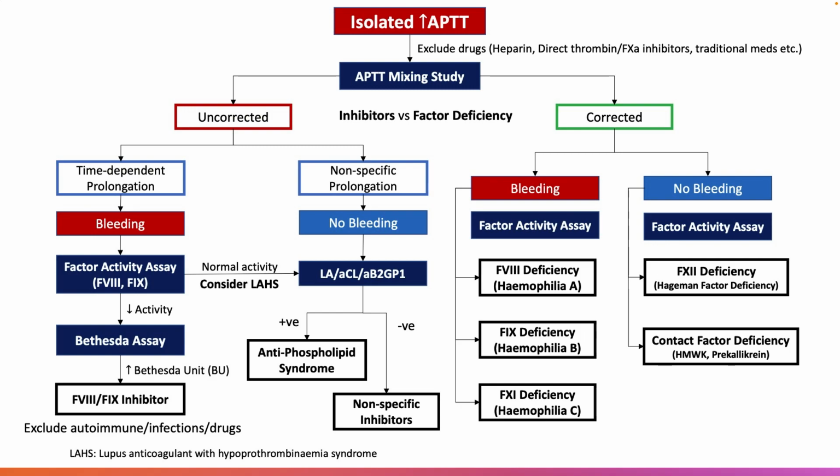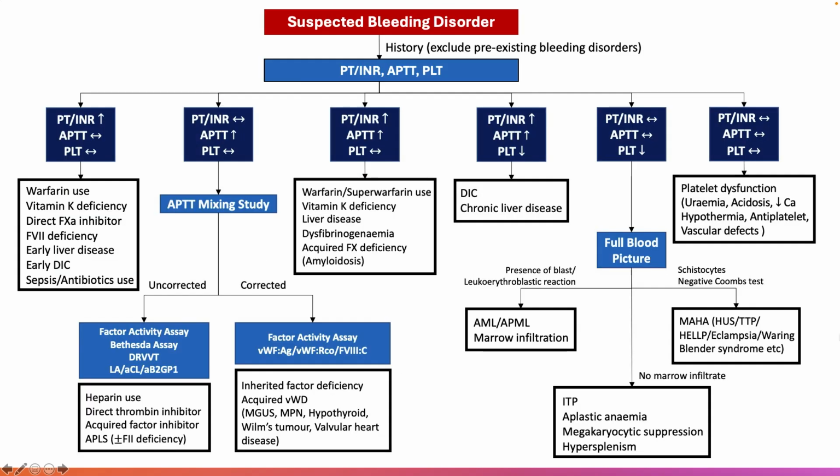We know that antiphospholipid syndrome is pro-thrombotic, with multiple thromboses, but at the same time it can also predispose to bleeding, let's say when associated with factor 2 deficiency, which is a condition called LAHS. If the antiphospholipid antibody is positive, then you have a diagnosis of APS. But if it's negative, most of the time it can be due to non-specific inhibitors present in severe sepsis, and the inhibitor may be there temporarily and then wear off subsequently.